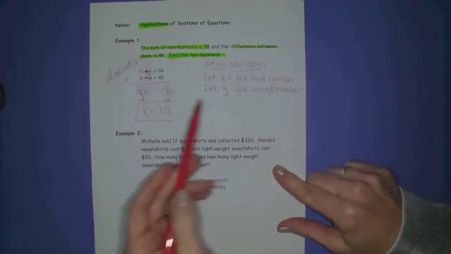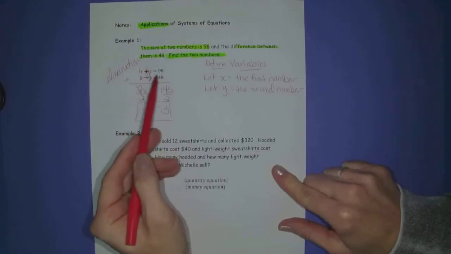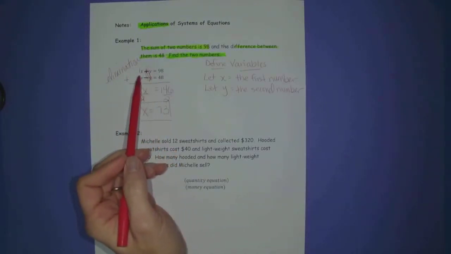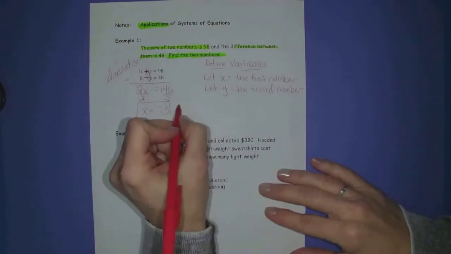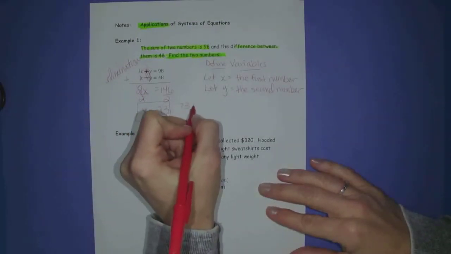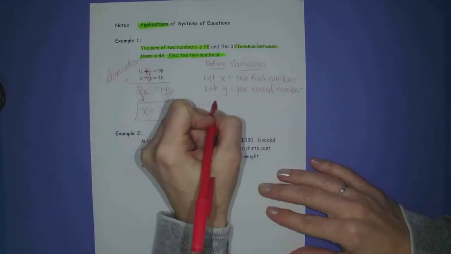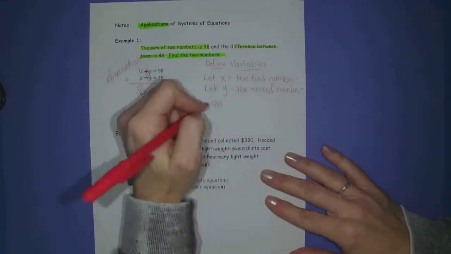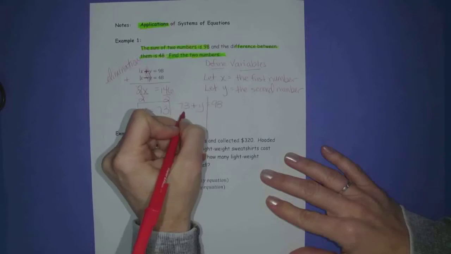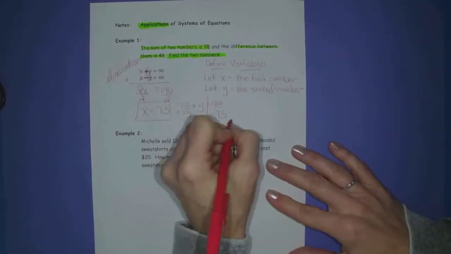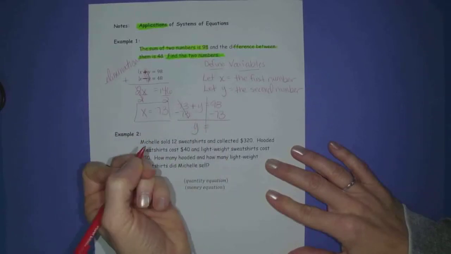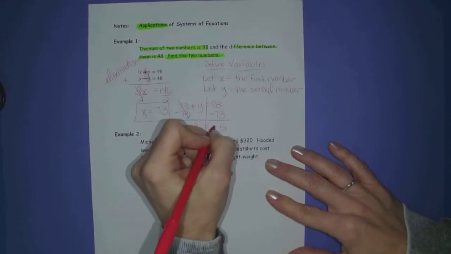To find my second number, I just take either of my equations. I'm going to use the top equation and replace the x with 73. So 73 plus y equals 98. To solve this, I can just subtract 73 from both sides, and so y equals 25.